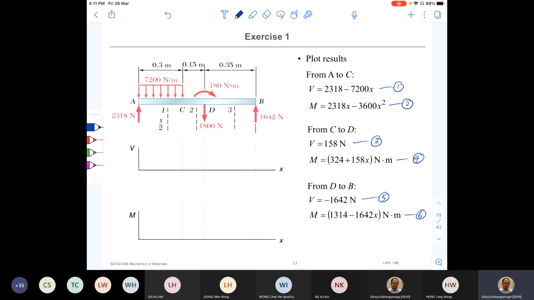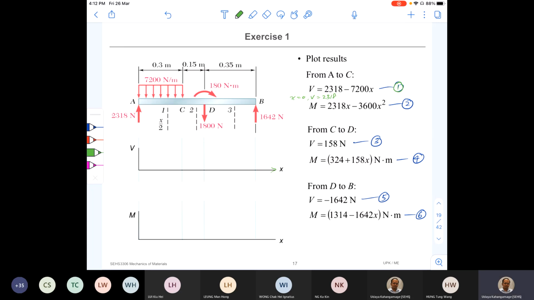By taking equation number 1, now we can draw the shear force variation between A and C. Looking at equation 1, what is the value of V when x equals 0? When x is equal to 0, V is equal to 2,318. In the shear force diagram, I mark the x direction this way and the y direction shear force.